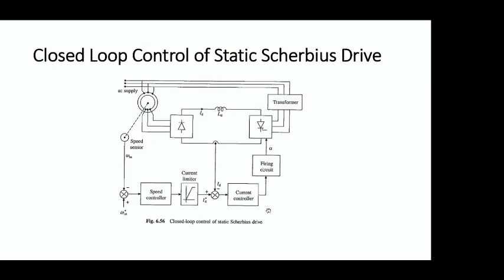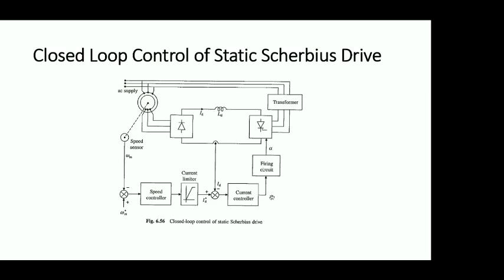Actually, this current controller will give a signal which will decide the firing angle required for your inverter. So alpha is usually between 90 and 165. Why 165, we have discussed previously. Actually it is 90 to 180, but because of the commutation requirements or commutation problems, we have reduced it to 165.